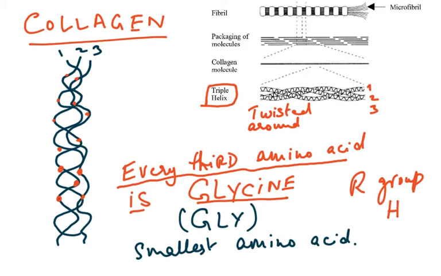So the collagen molecule is made up of 3 polypeptide chains, and in between the chains, it's got hydrogen bonds and covalent bonds. So there are covalent bonds present which are joining these polypeptide chains to each other.